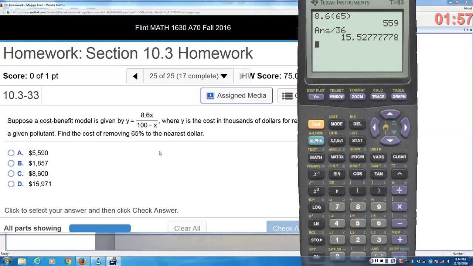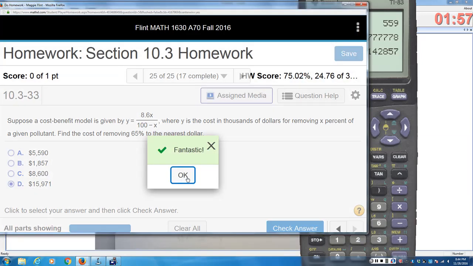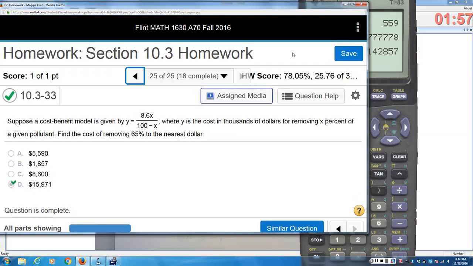So let's just do that. 559 divided by 35 is 15.971, and it says that's in thousands of dollars, so 15,971. You move your decimal 3 places. Okay?